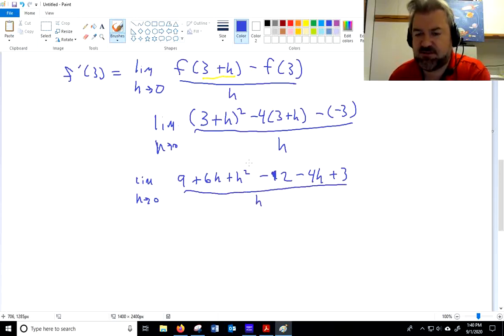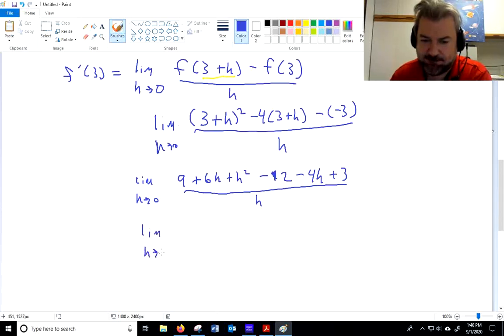Now, if we've done this correctly, everything that doesn't have an h in it should go away. So let's make sure of that. We have 9 plus 3 is 12. All those things there go away. Agreed? So what we have is 6h minus 4h is 2h plus h squared all over h.